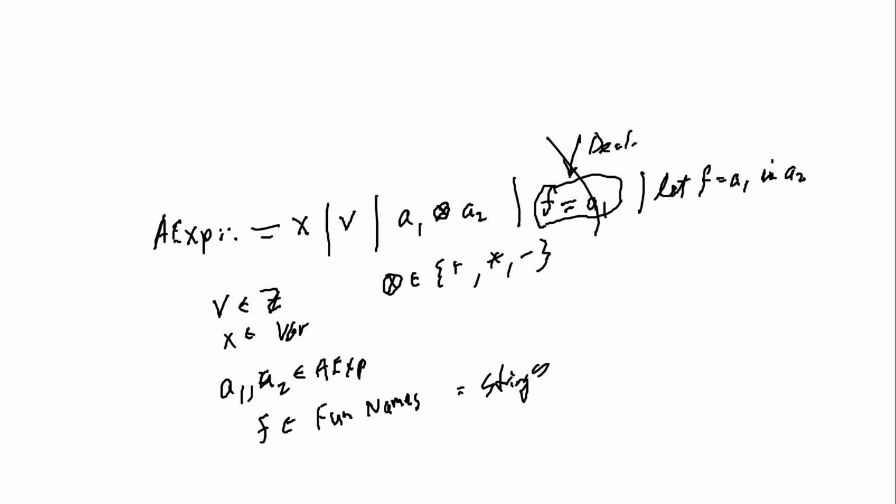So this doesn't actually go here if we want to do it that way, but this one is like a local binding. This binds F to A1, and then when you evaluate A2, whenever you see an F, you evaluate A1. So this would be binding names in A expressions, where we add it as a construct to A expressions.